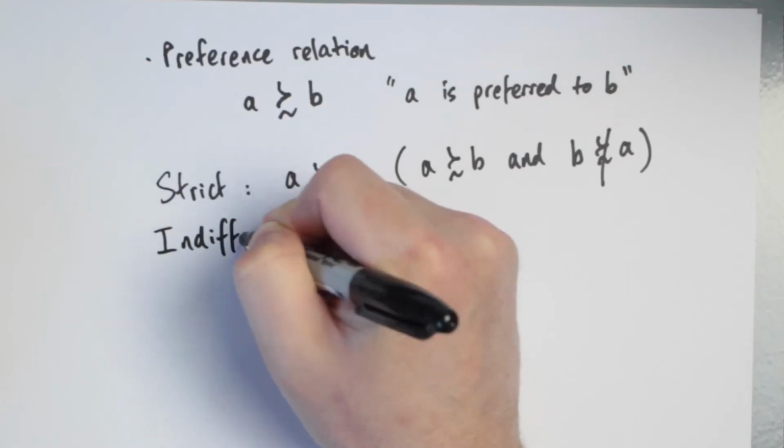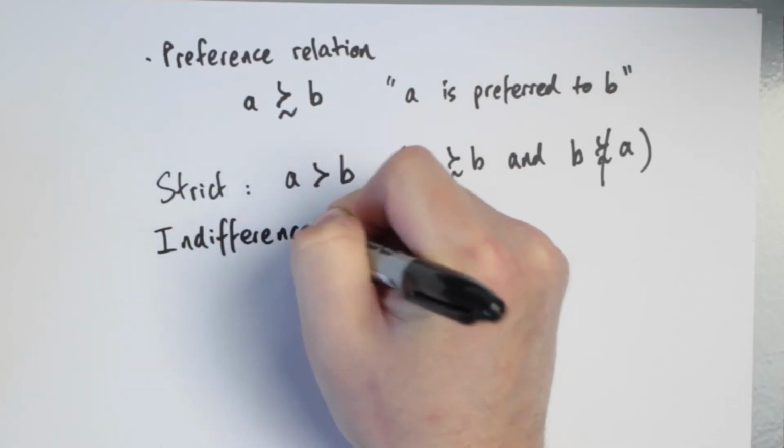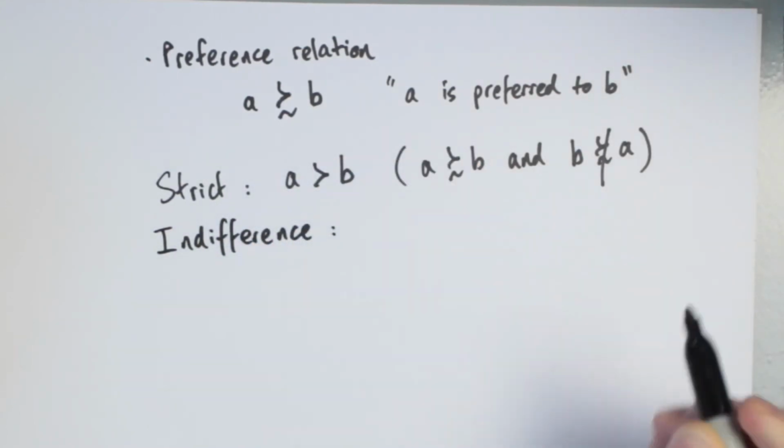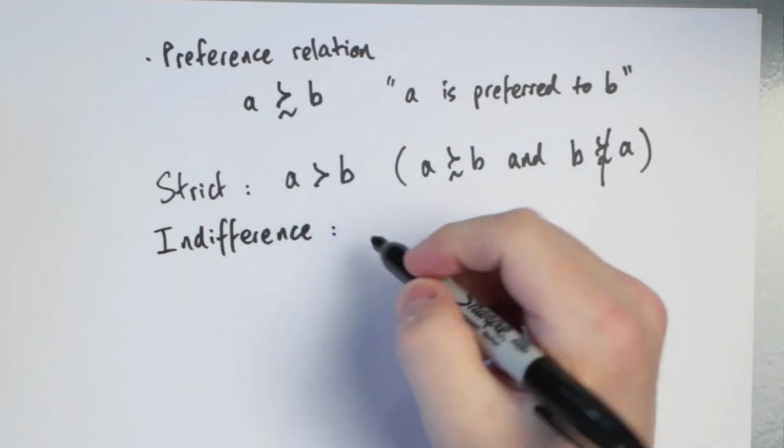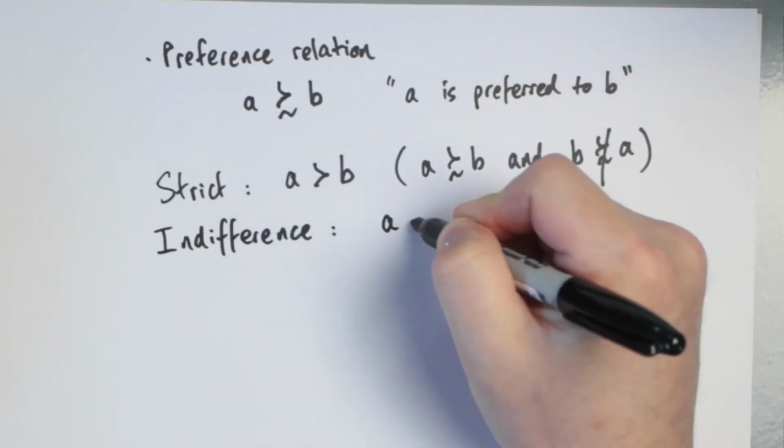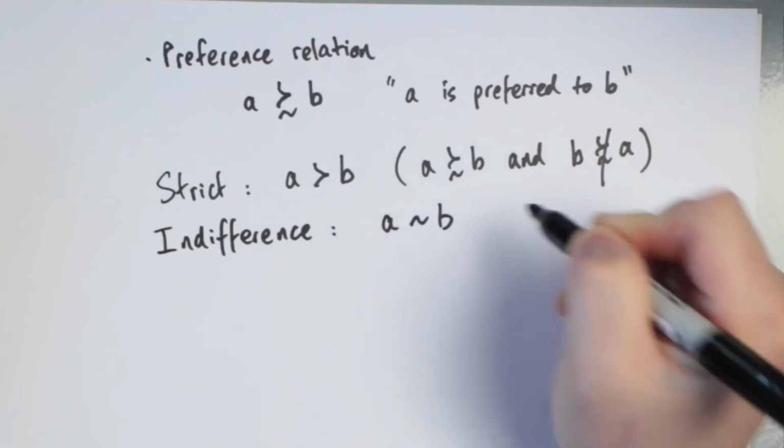The next notion is incredibly important, and that's the notion of indifference, which is going to use this curly symbol here. So we write this.